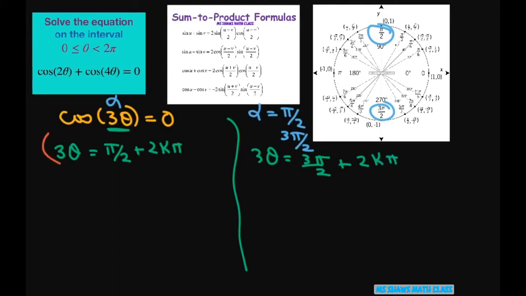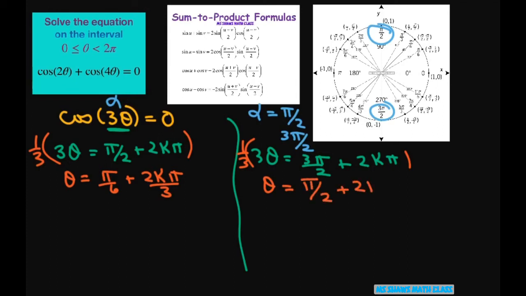Now, multiplying through both sides by 1/3, you get theta equals pi divided by 6 plus 2k pi divided by 3. And this one's going to be theta equals pi divided by 2 plus 2k pi divided by 3. If k is 0, we get theta equals pi divided by 6, and theta equals pi divided by 2, which we already had.